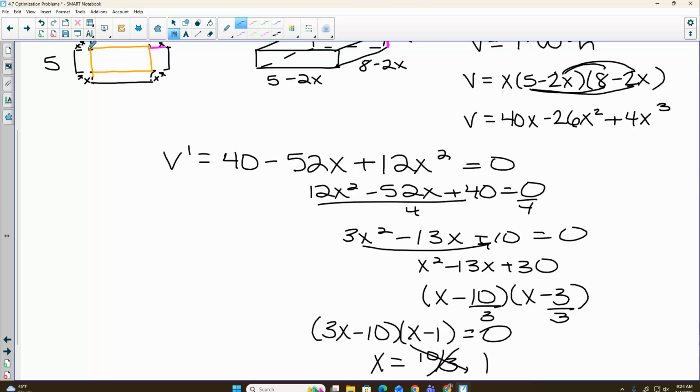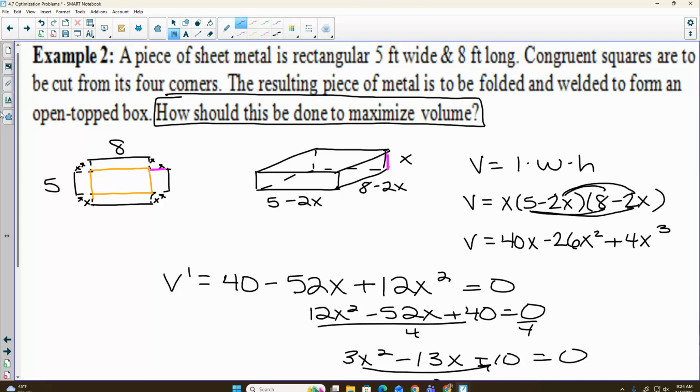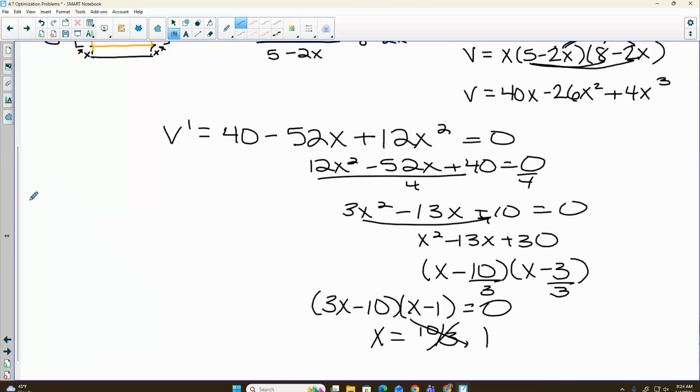If it's 5 feet long, can I cut 1 foot off each end? Yes. 8 feet wide, so I can cut 1 foot off each end. So the question asked me how this should be done. So the squares should be 1 foot wide.